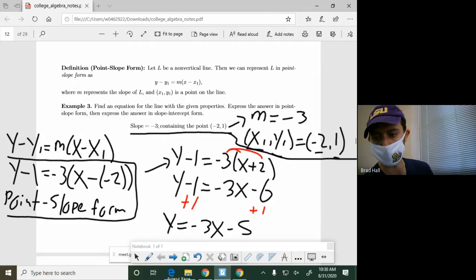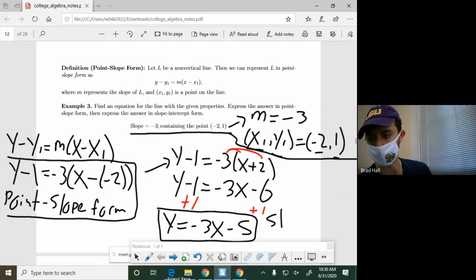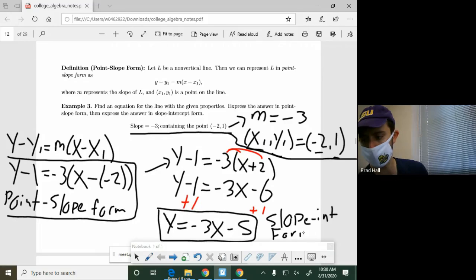And this would be the answer for the slope intercept form.